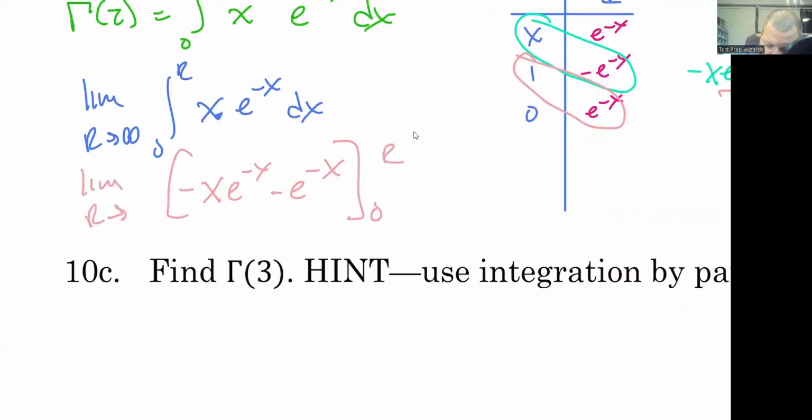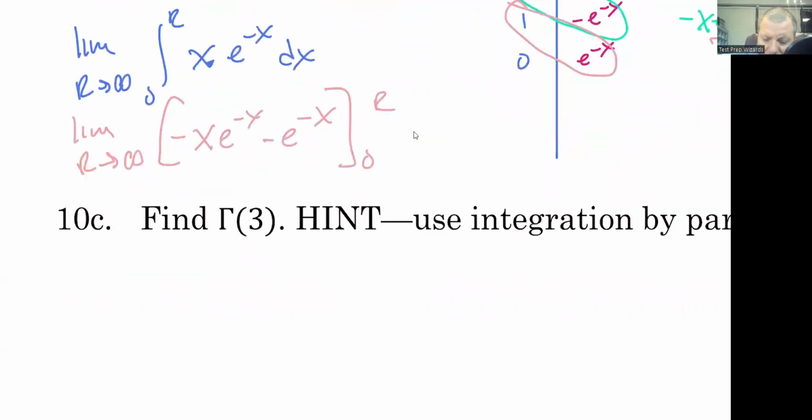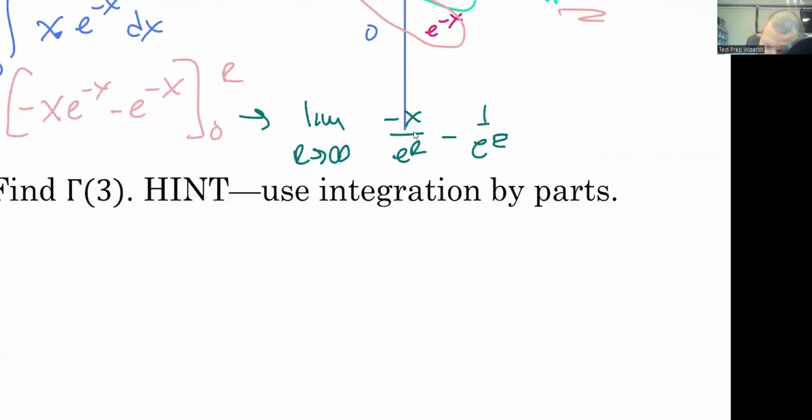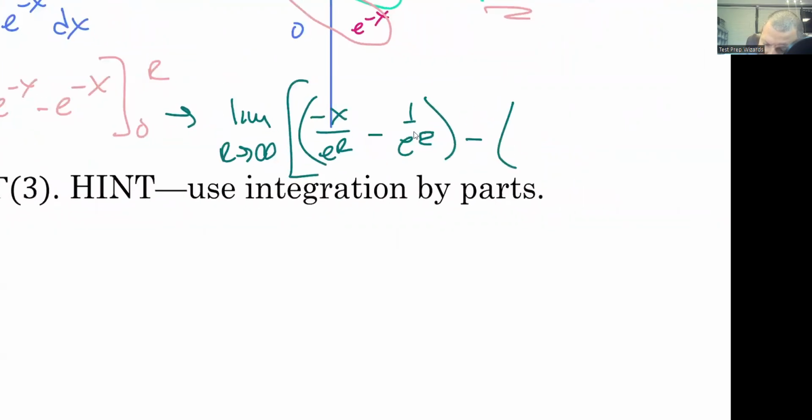as r approaches infinity. Again, we're going to get a lot of these e to the negative r's, so I'm going to be a little more lax with those things in future videos. But we have this limit as r approaches infinity of negative r over e to the r minus 1 over e to the r, minus, well, I'm going to get negative 0 over e to the 0 minus 1 over e to the 0.